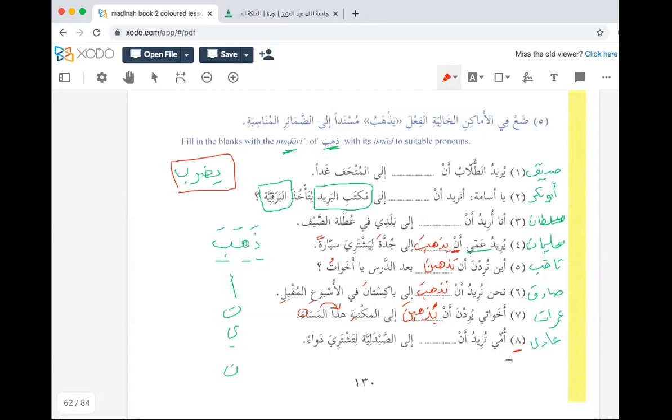عادل. الثامن. أمي تريد أن تذهب إلى الصيدلية لتشتري دواء. أمي تريد أن أذهب.